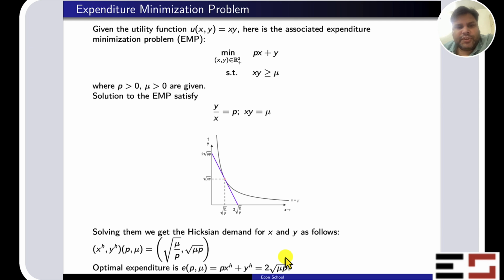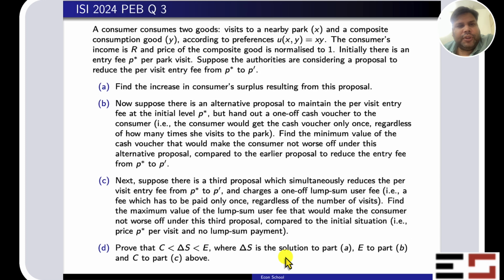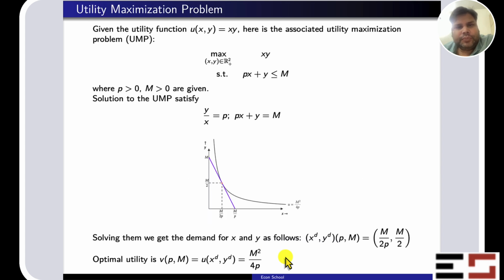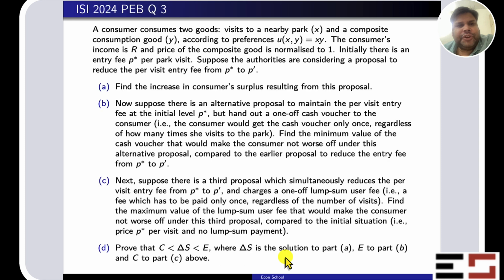So we can now begin answering those questions. If you recall, the first question was: find the increase in consumer surplus resulting from this proposal. Notice that the proposal is to reduce the per visit entry fee of x from p star to p prime.